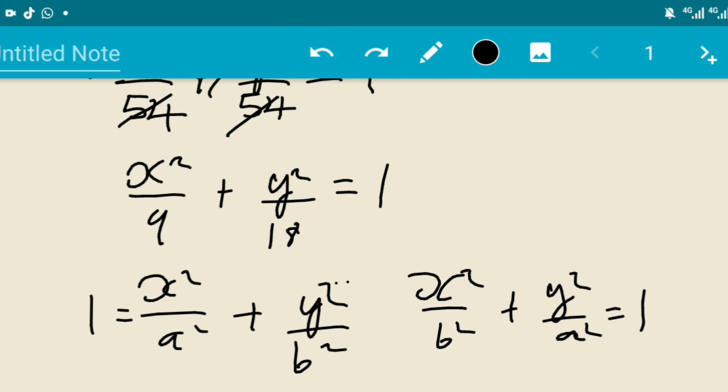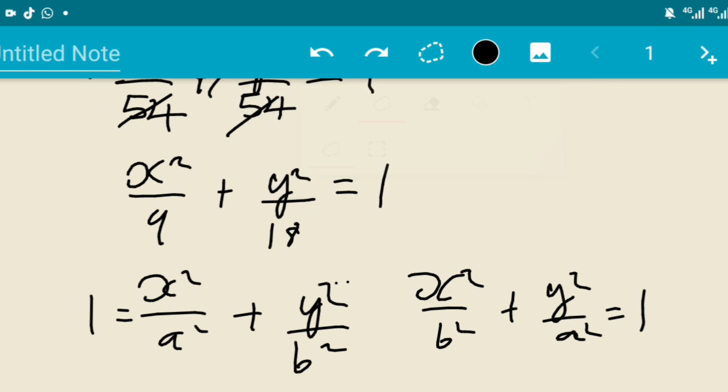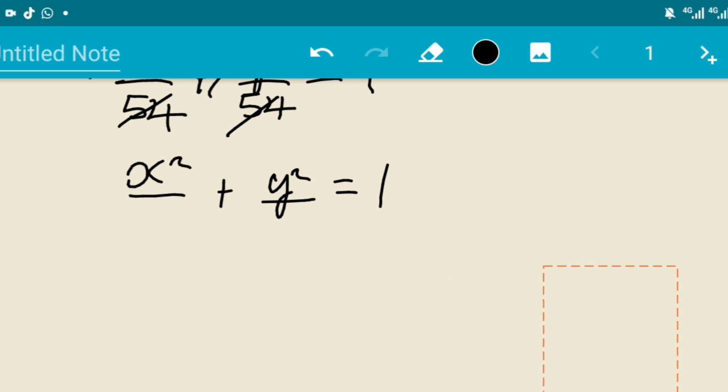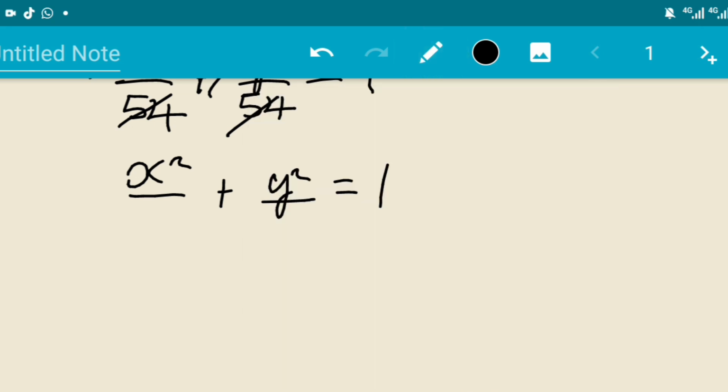So in this case, we had a 9 there and an 18 there. We need to compare to the standard equation, so we need to write this down in a way that will give us a squared at the top, not changing anything.